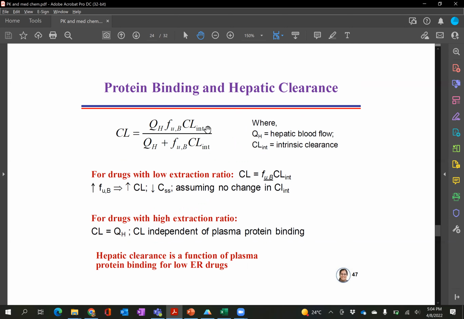And the intrinsic clearance, they calculate based on microsome studies, essentially, or hepatocytes. But I'm thinking, if those in vitro experiments are not accurate, then using them to predict clearance probably is not that accurate anyway, right?